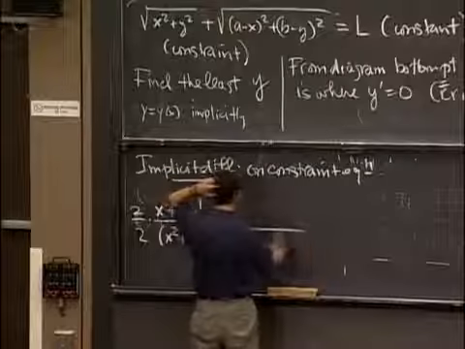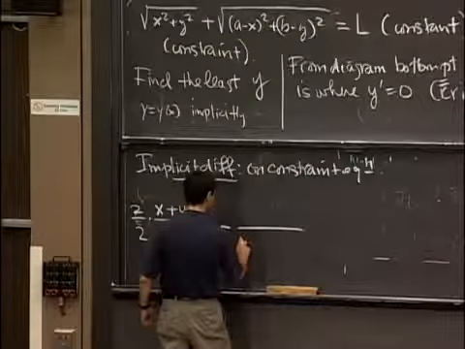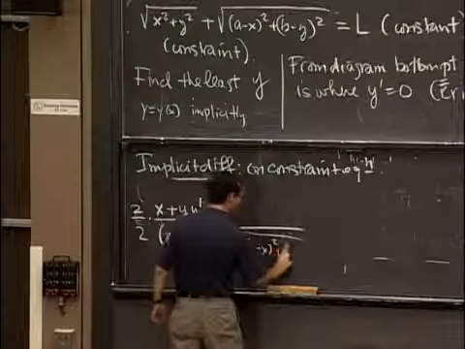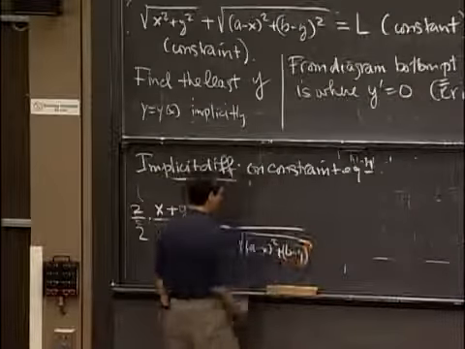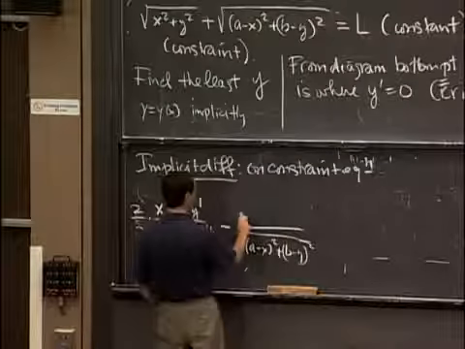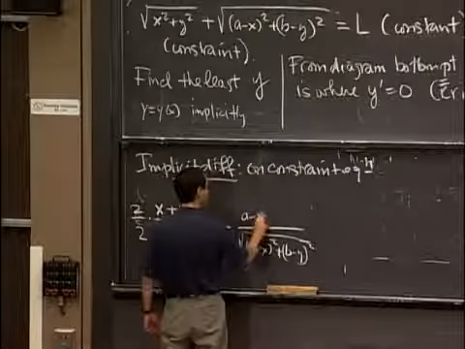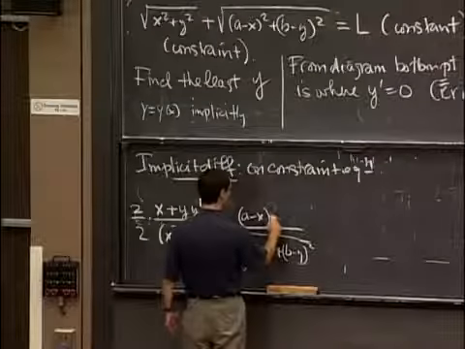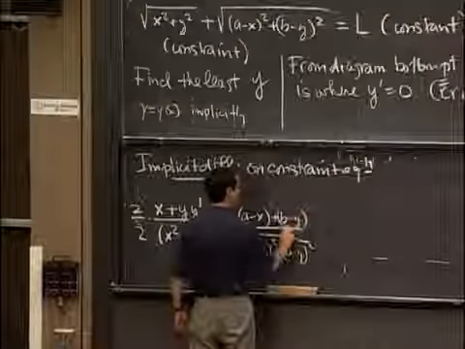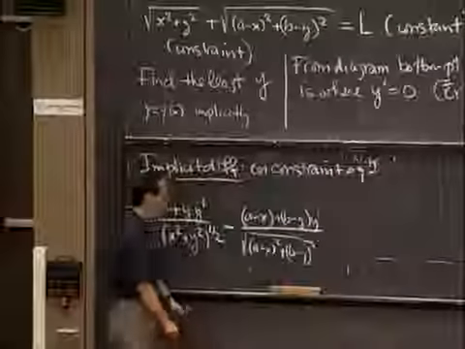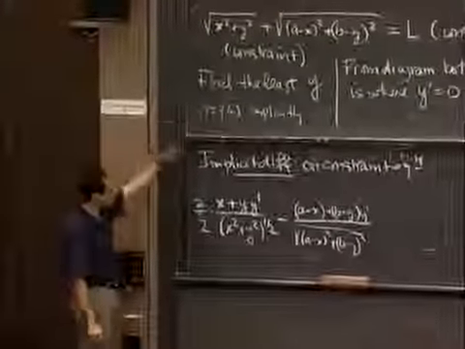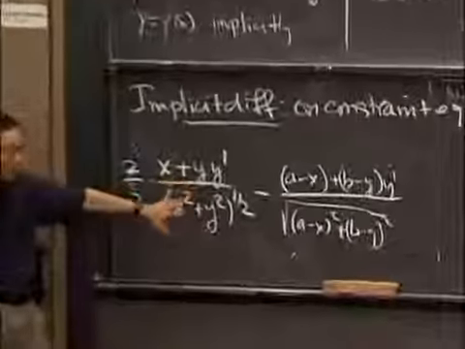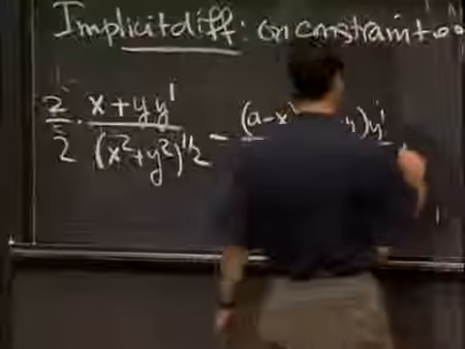The denominator is the same massive square root, the square root of (a minus x) squared plus (b minus y) squared. The numerator is a minus x, which is what replaces the x over here, and then another term, which is b minus y times y prime. I claim that's analogous to what I did in the first term. You'll just have to check this on your own, because I did it too fast for you to check yourself.